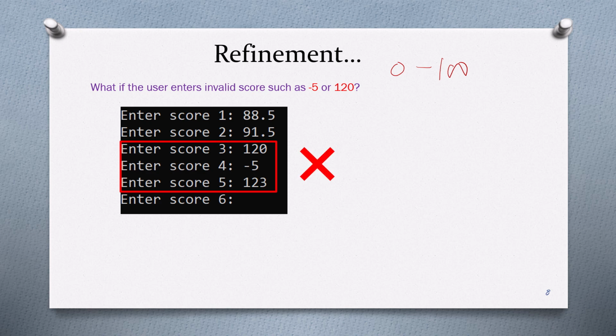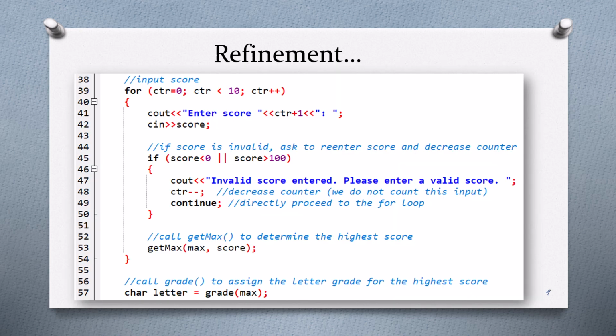In this case, we have to amend the program. Now check: only if the score is between 0 and 100.